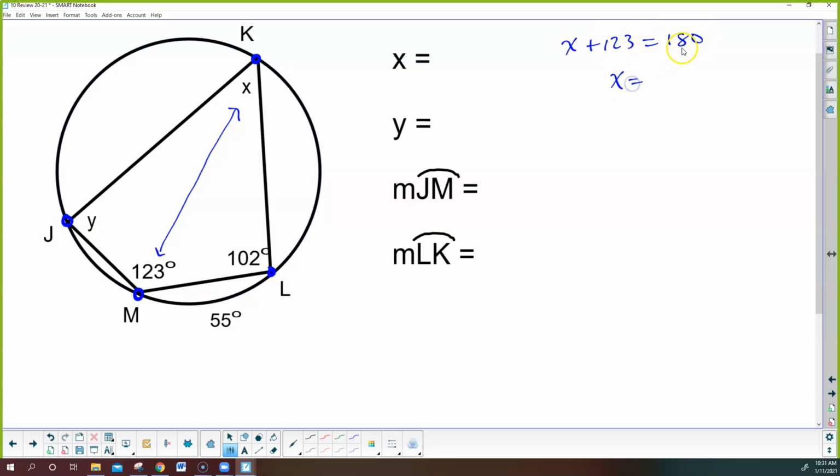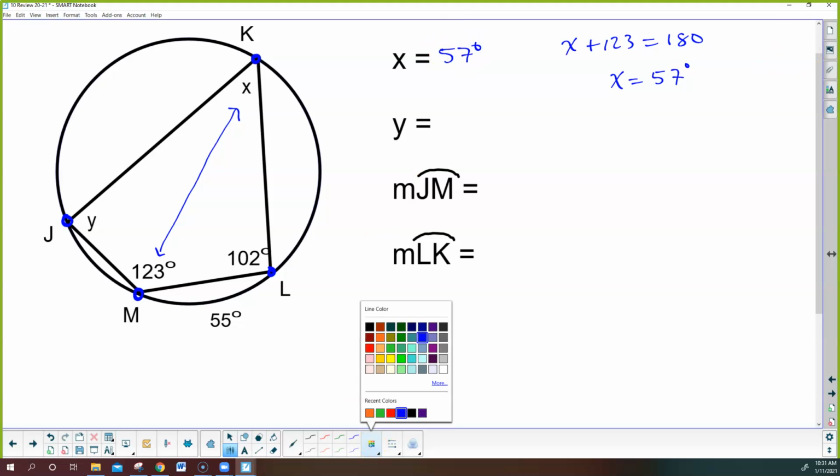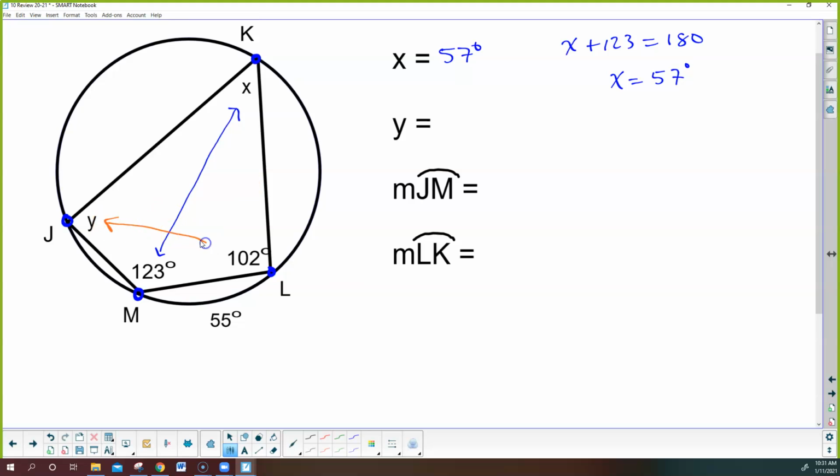If I subtract that, I end up with 57 degrees. So x is 57. To find y, same logic, opposite angles have to be supplementary. So I'm going to do 180 minus 102, and I get 78 degrees.